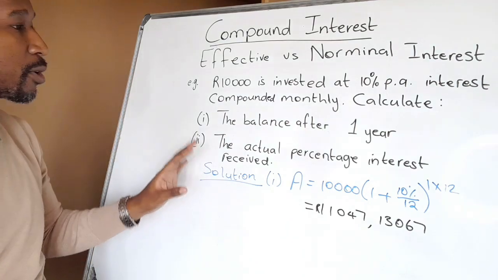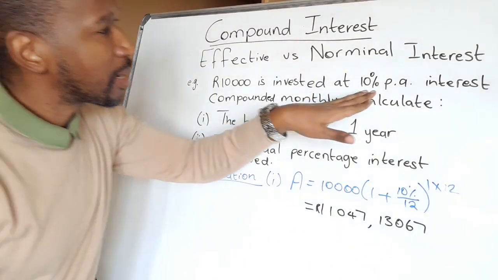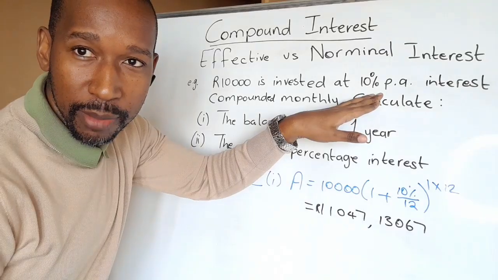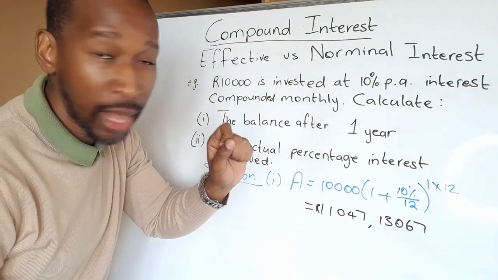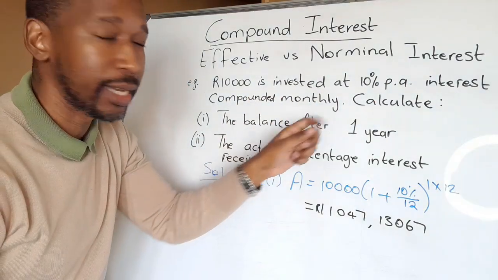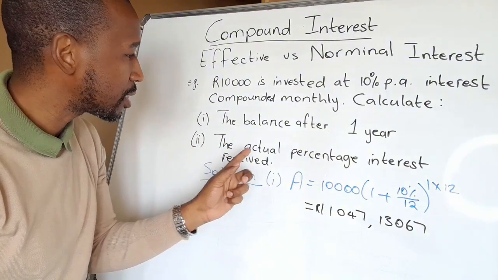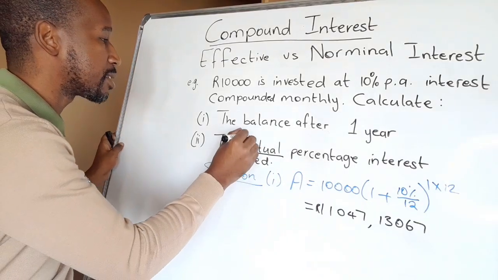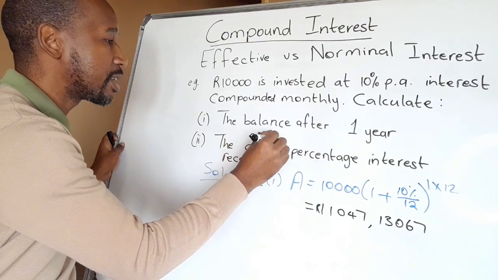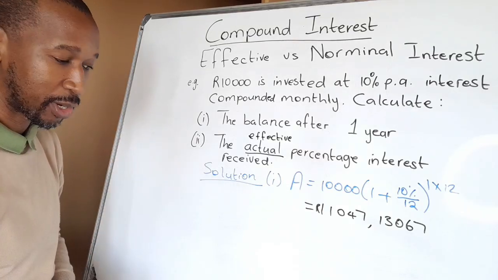All right, now we go into the second part. We know that 10% is written on the paper as the interest that would be received per annum, which is per year, but because it's compounded monthly, there's a difference. Let's see the effect. What is the actual percentage, the effective percentage, that has been received by this particular person?